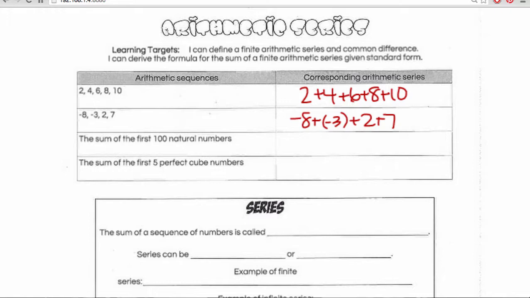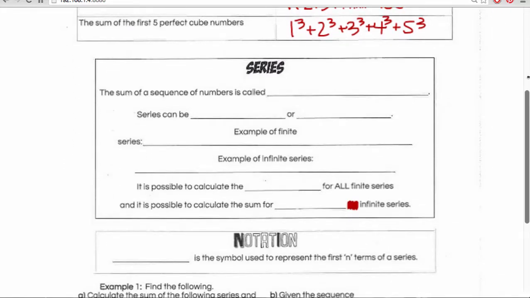So you've got something like 1 plus 2 plus 3 plus everything in between up until 100. And we could also have something like the sum of the first 5 perfect cubes, which is 1 cubed plus 2 cubed plus 3 cubed plus 4 cubed plus 5 cubed.